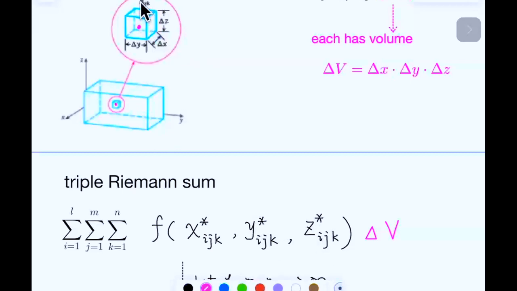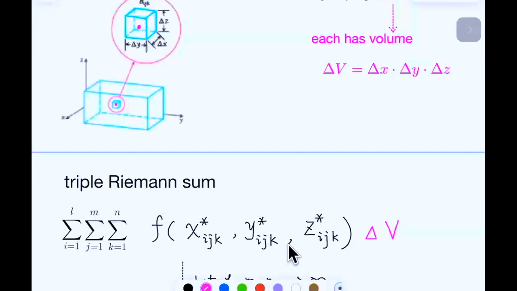Remember, there's a function acting on this box, and the function value at this point is f acting on this point. If we multiply this by the volume of the box, we'll approximate the integral of the function over this box, because we consider the function continuous, so the function value doesn't change much.